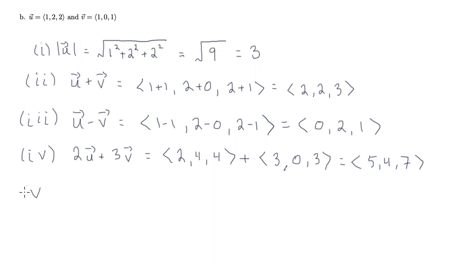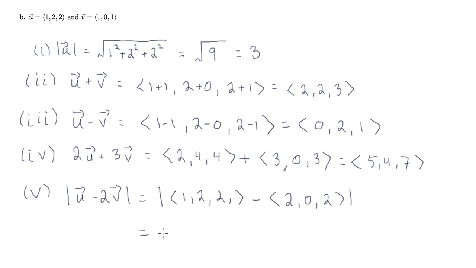Okay, and then finally we want the length of u minus 2v. So this is the same thing as finding the length of u, just 1, 2, 2, and then subtracting twice v, which is 2, 0, 2.